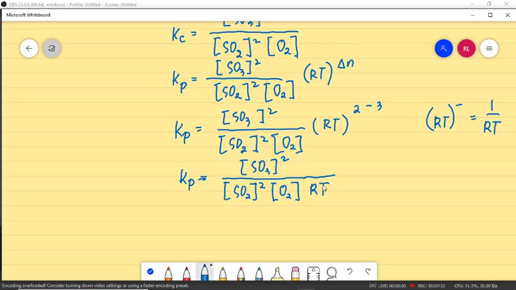So as you can see here, the two expressions are not the same. So therefore, in this case, K sub P is not equal to K sub C.